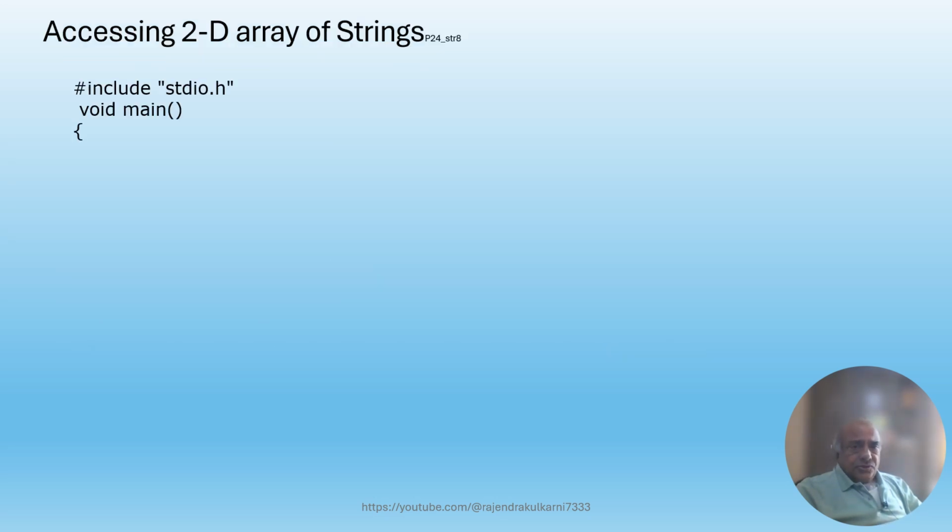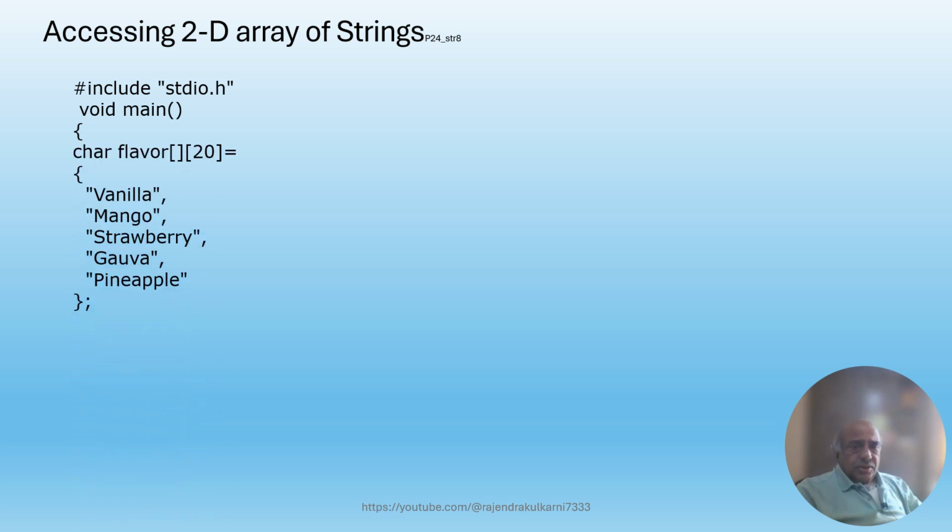How to access a 2D array of strings, that we will see here. We have declared and initialized a 2D array named flavor, having the second subscript of dimension 20.